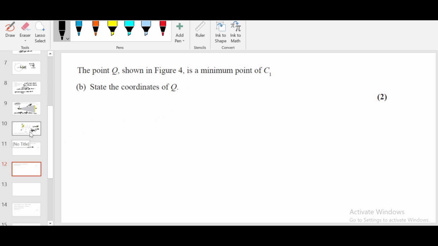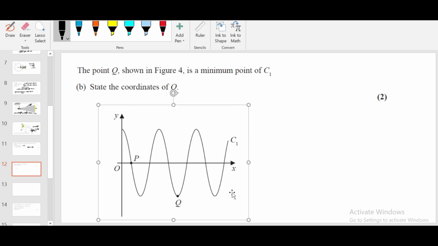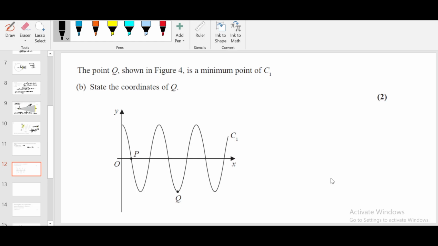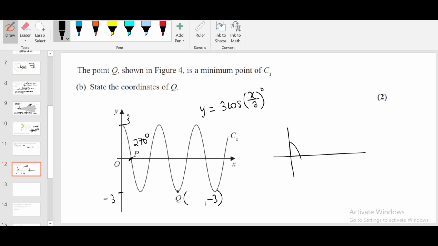Okay. Let me put the graph here again. So we know the graph is y equals 3 cos x over 3 degrees. You know this is 270 and this is 3, this is negative 3. So the y coordinate of this point is negative 3. How about the x coordinate? You need to take the second minimum point in the cosine graph first and multiply by 3.